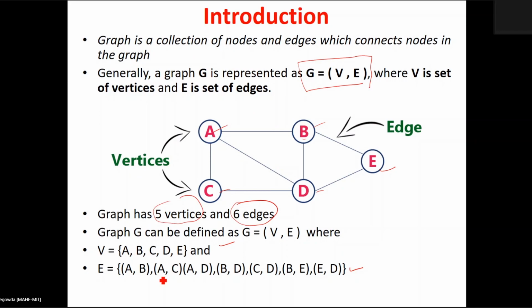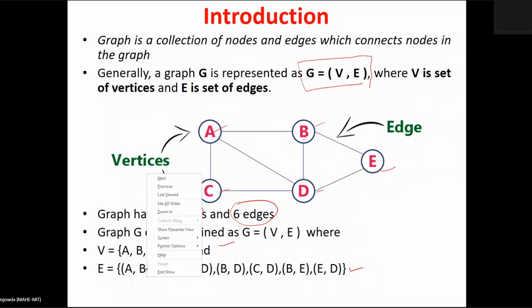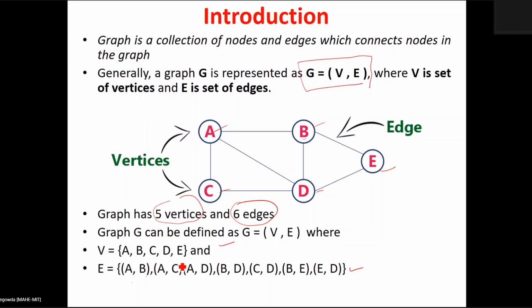Here (A, B) indicates that there is an edge from node A to node B. You can see this path here. The second pair is (A, C), which indicates that there is an edge from A to C, and so on. So we can represent all the edges by making pairs of vertices.